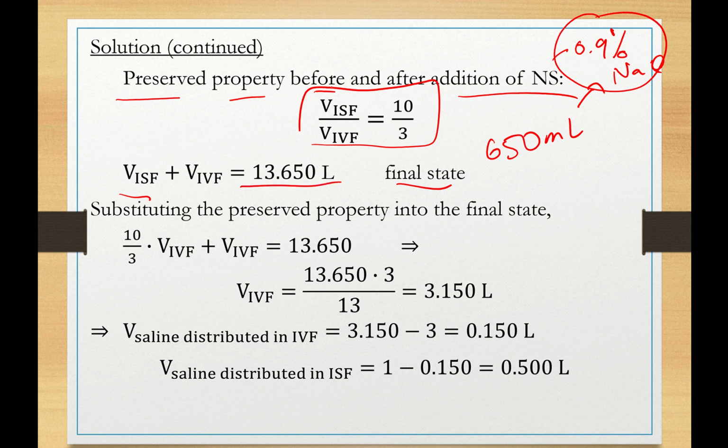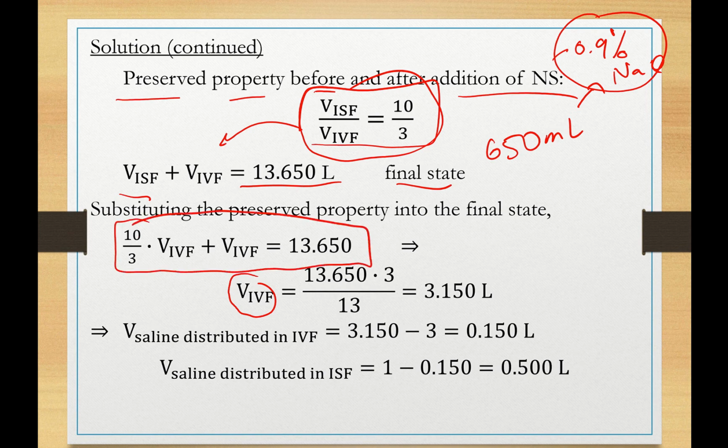Now I'm substituting the preserved property into this over there. So we take a common factor and solve for intravascular fluid, carry out the algebra, and you end up with 3.15 liters, and therefore the volume of saline solution distributed to the blood, to the plasma, is 150 ml.